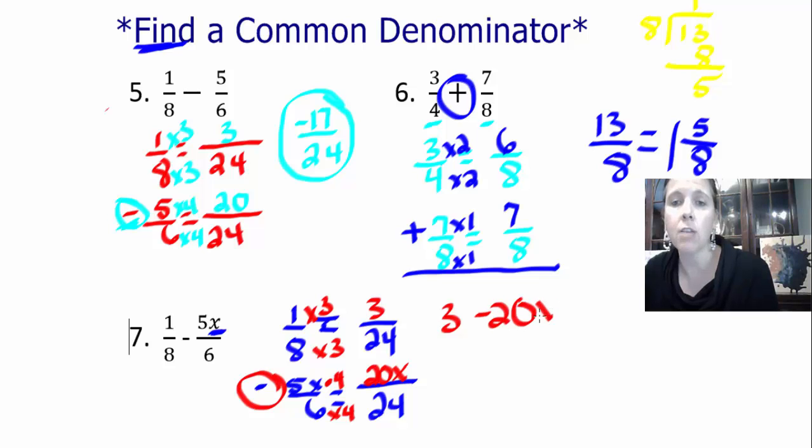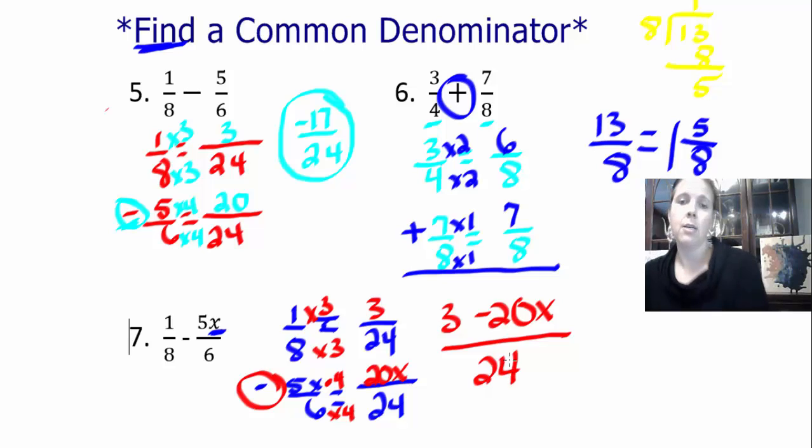Can we subtract those? Why or why not? Remember, you cannot subtract these because they are unlike terms. They are not common. I've got to erase that little mark I made. You cannot subtract these because this isn't 3x.